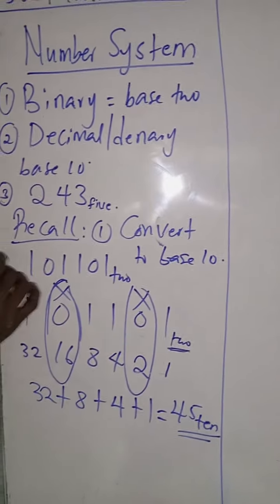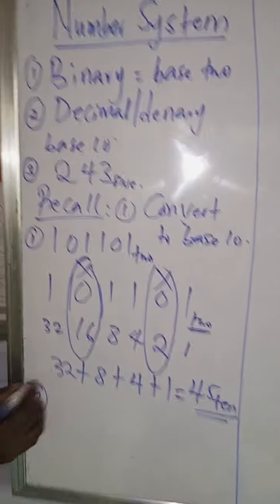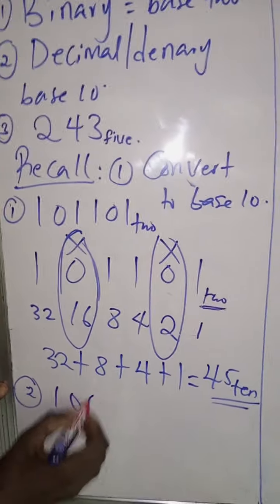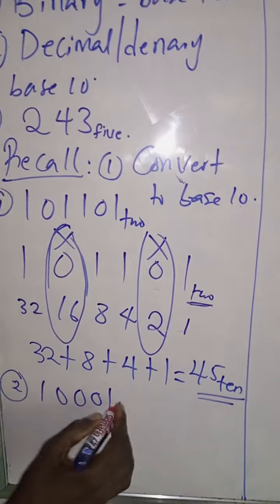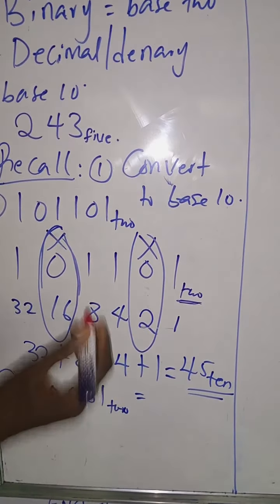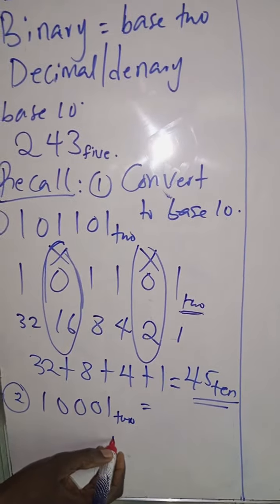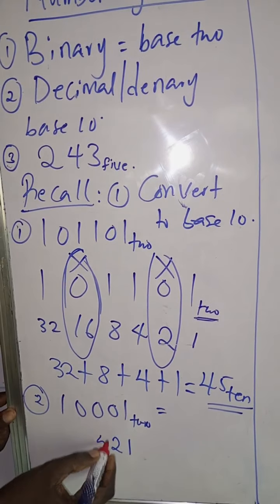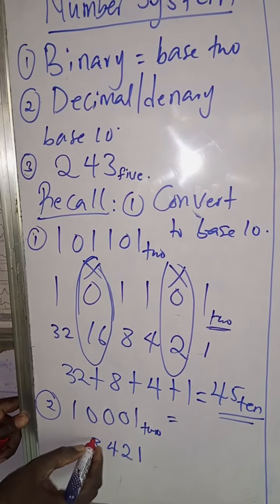Let me give another one. Let's say we have 10001 base 2. Now I want to convert it to base 10. Very easy. I know the first one will surely be 1. The second one is 2. The third one 4. Then 8.